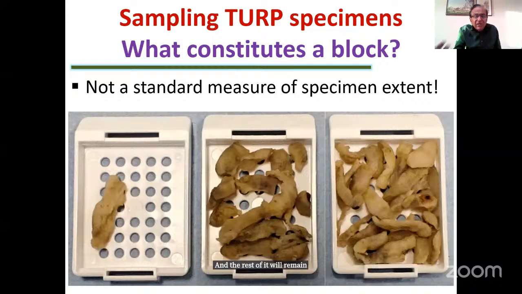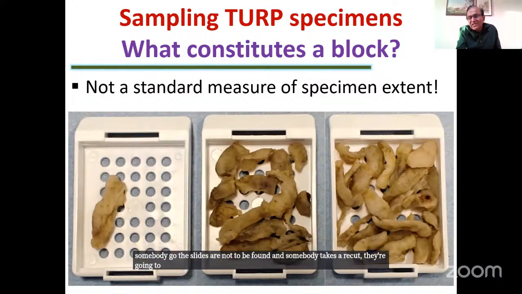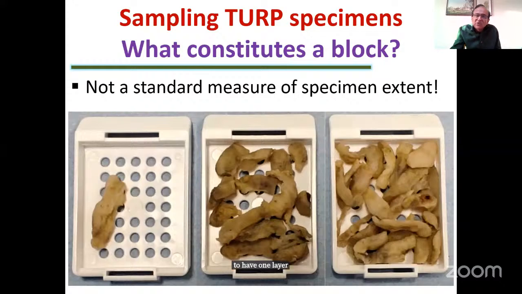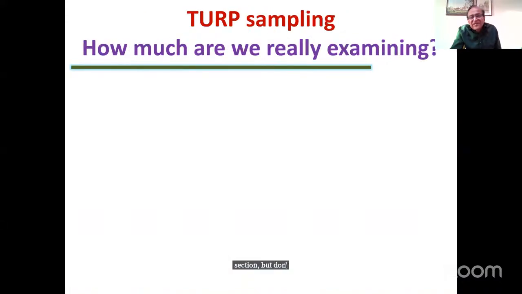That's a problem, because later, if the slides are not to be found and somebody takes a recut, they're going to take a deeper section. So most of those sections will not be examined. So don't fill up that cassette. You put enough to have one layer of chips to be sectioned, but don't stuff the cassette.